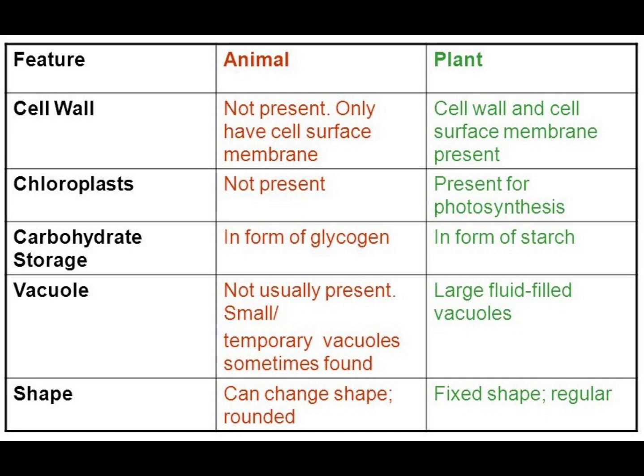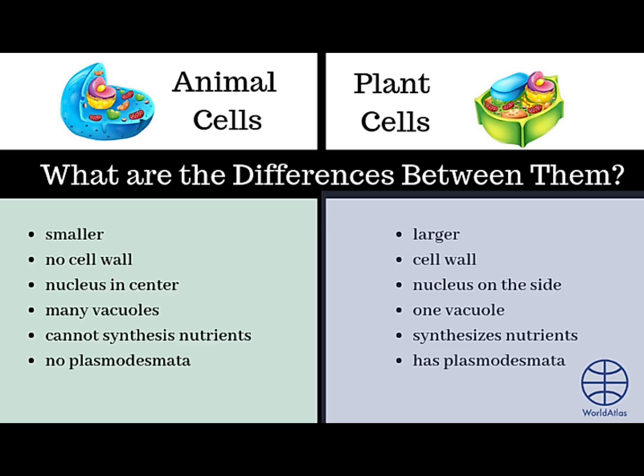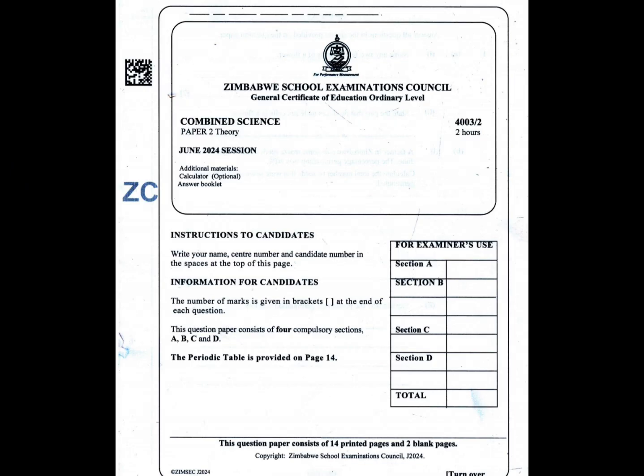In animal cells, the vacuoles are many and small, but in a plant cell, we have one large central vacuole, which is fluid filled. Animal cells are smaller, while plant cells are larger. Animal cells cannot synthesize nutrients, but plant cells synthesize nutrients. Animal cells don't have plasmodesmata. Plant cells have plasmodesmata.